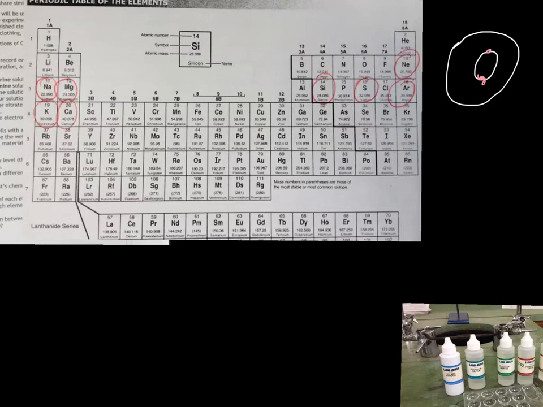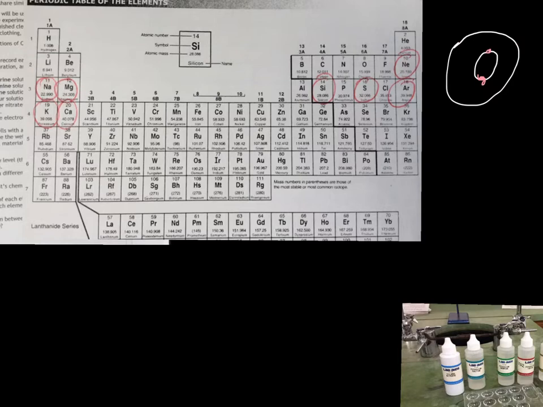If we look for where nitrogen is, it's in the same period as lithium. It's the 1, 2, 3, 4, 5th element. So that helps me remember that there's going to be 5 electrons on the outer shell. It's also in group 5A, so that's another shortcut hint to tell me there are 5 electrons in the outer shell.